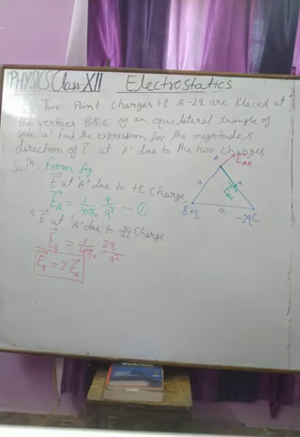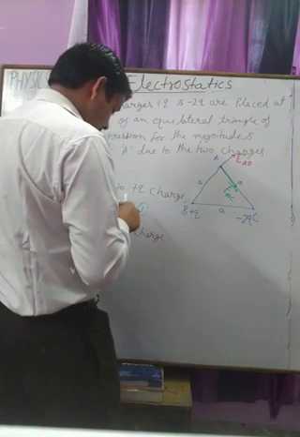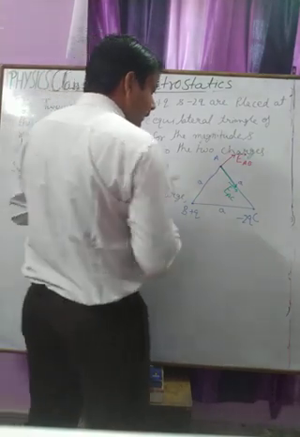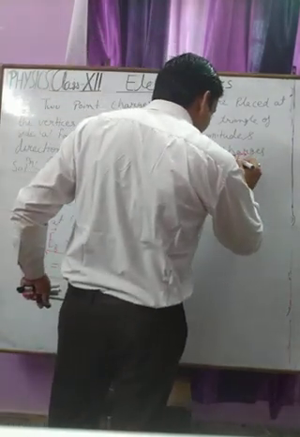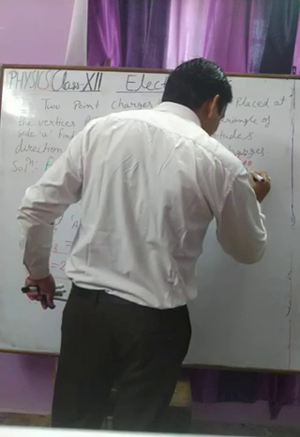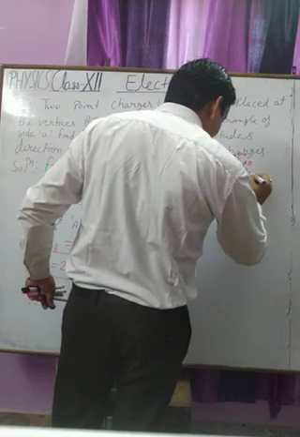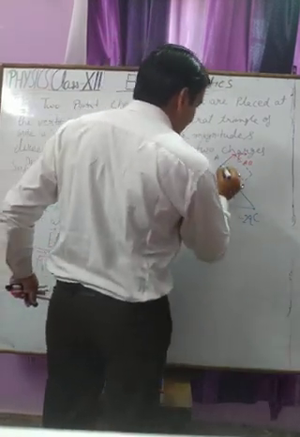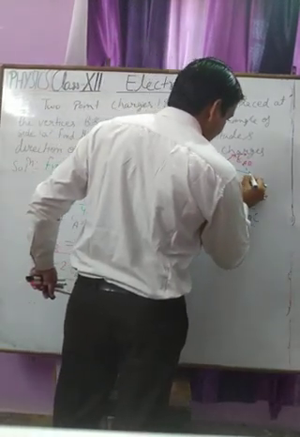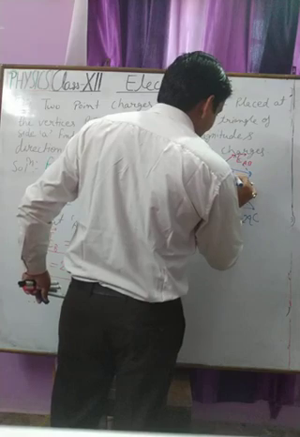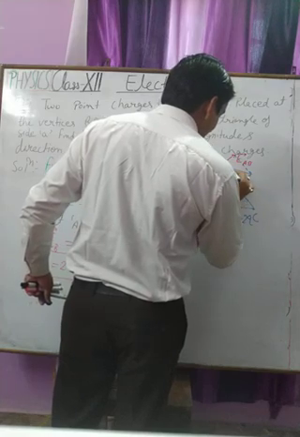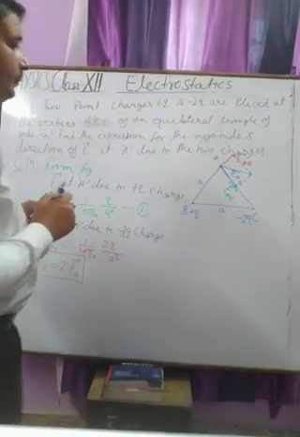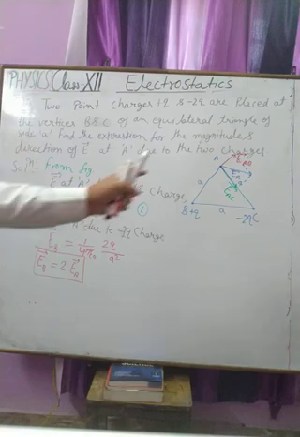Okay student, now we are using the parallelogram law for adding these two fields by completing the rectangle. This is the resultant electric field at point A along the direction of BC.